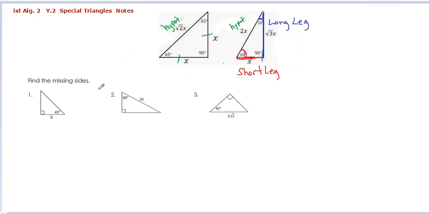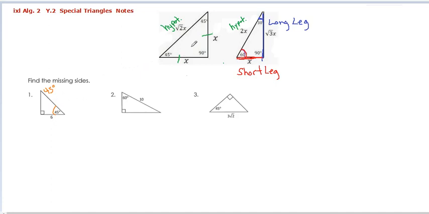Okay, so here are some of the problems that you're going to see. What we see on this one, off the bat, we know that it is a 45-degree angle. So we know that this other angle has to be 45 degrees. So it's this type of triangle, 45, 45, 90.